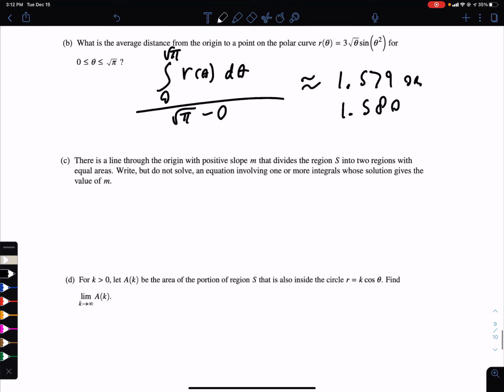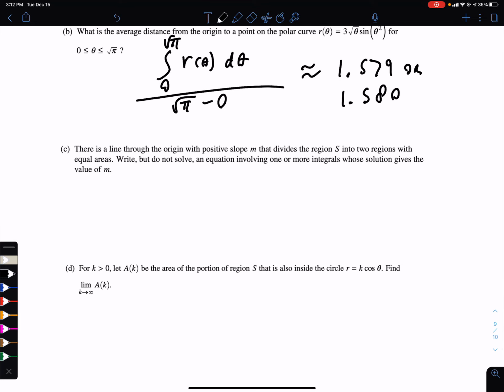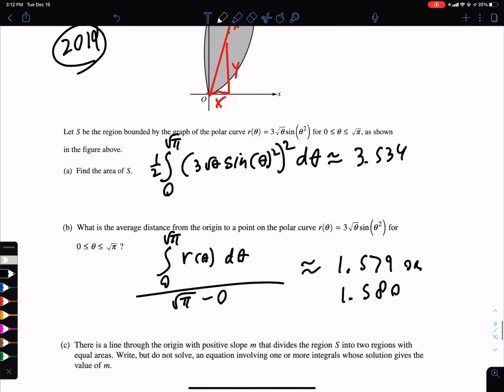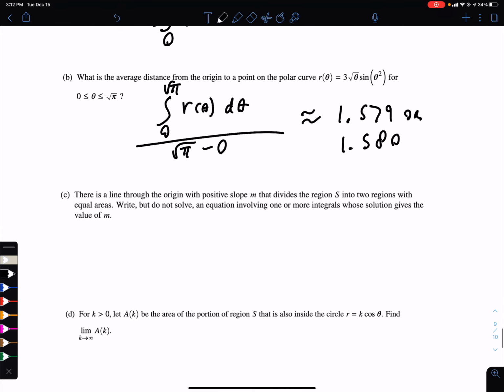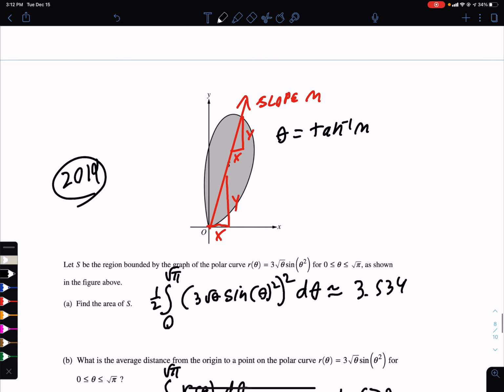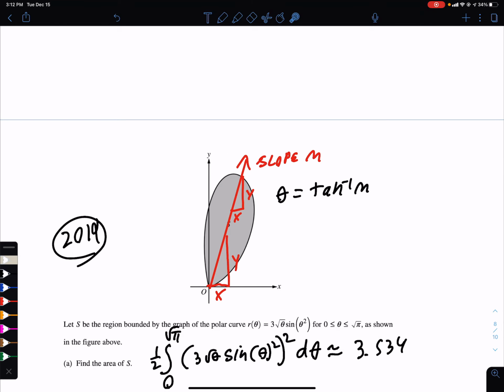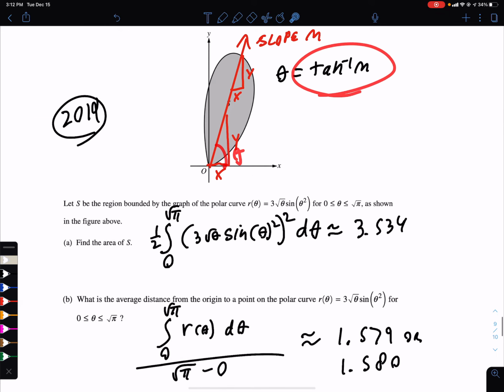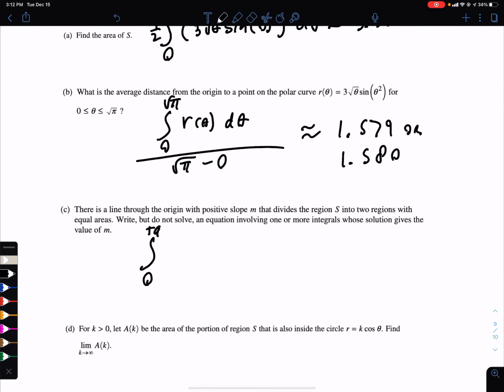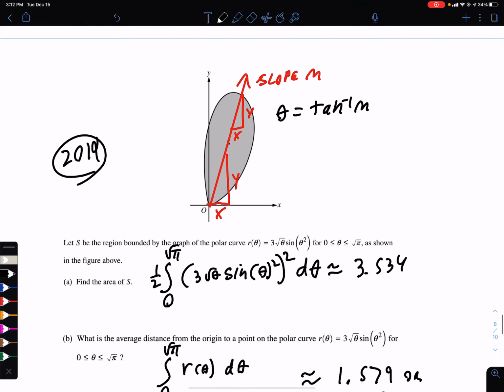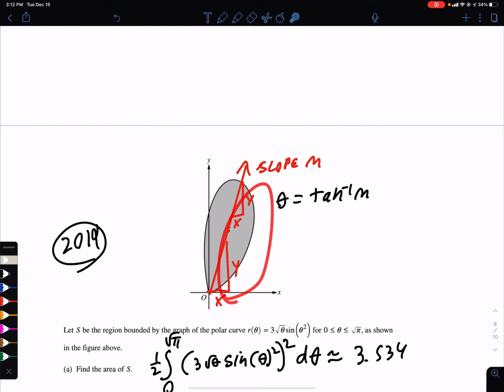So we want to integrate from 0, and we want to stop at this angle theta, which is arctan m. So we're going to go to arctan m, and the area of that region is 1/2 r squared d theta. That's going to give me the area of this region.